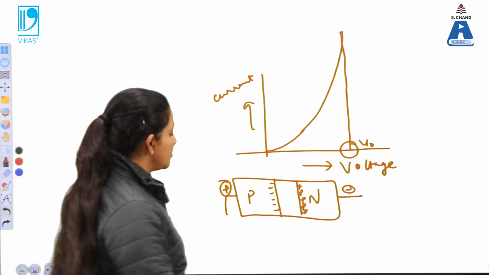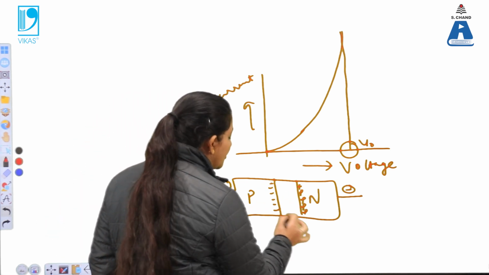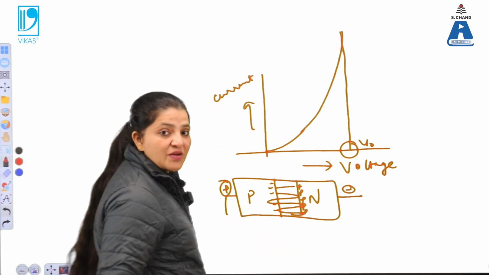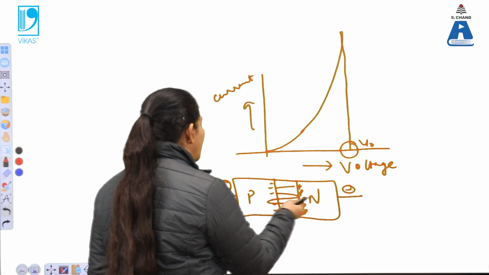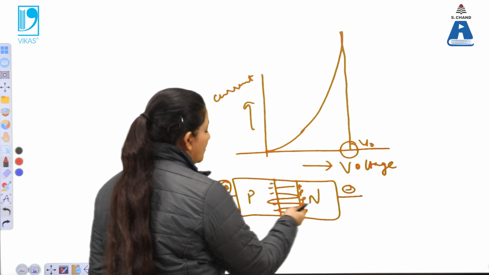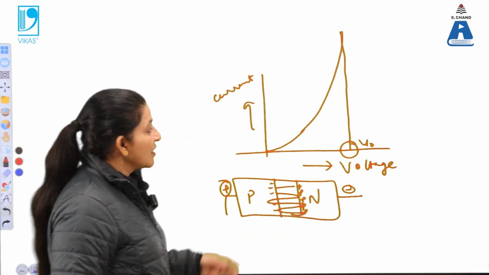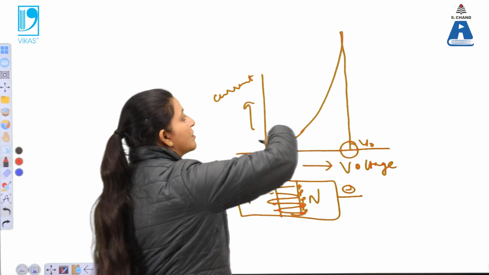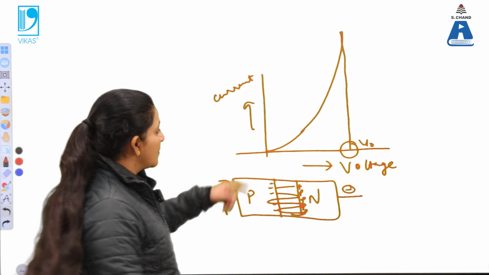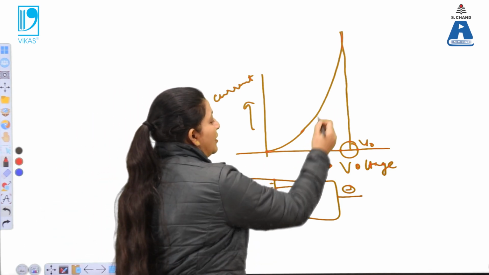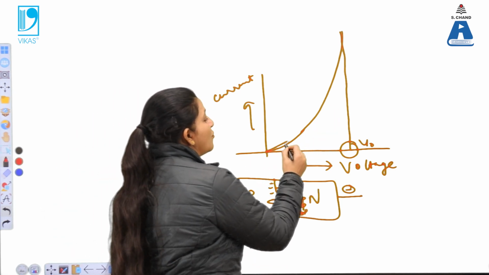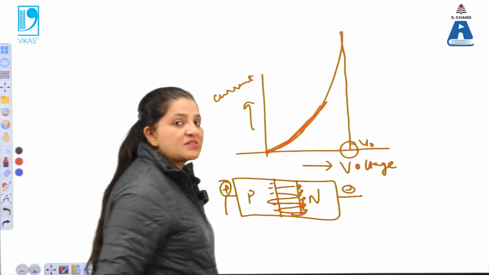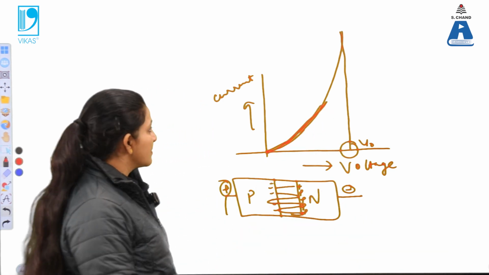At that voltage, this barrier will be reduced or will vanish. When this barrier vanishes, electrons can freely move from P to N and holes can move from N to P. So at this voltage, the current is enhanced. When there is a smaller value of the voltage, there is an almost linear variation. Such kind of characteristics are known as forward bias characteristics.